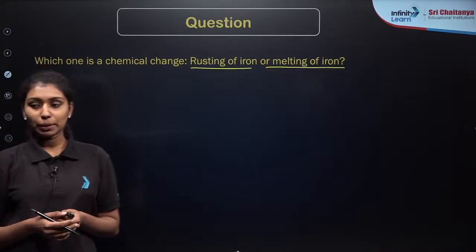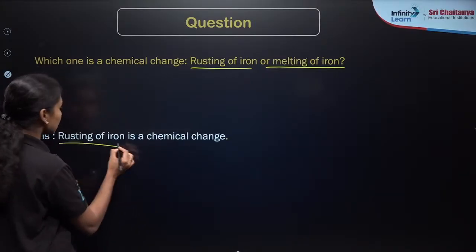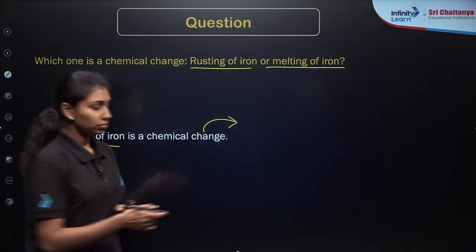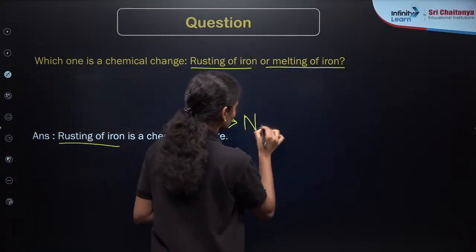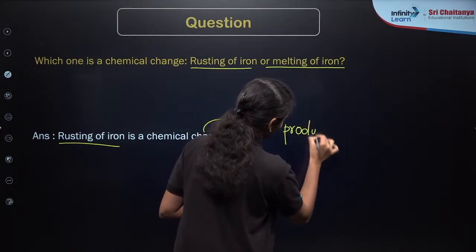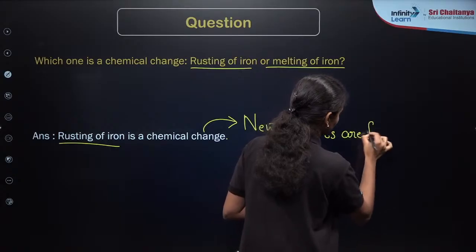Yes, rusting of iron will be the chemical change, right? What is the exact difference between the chemical change and the physical change? In the case of chemical change, new products are forming, right? And it cannot be reversible.